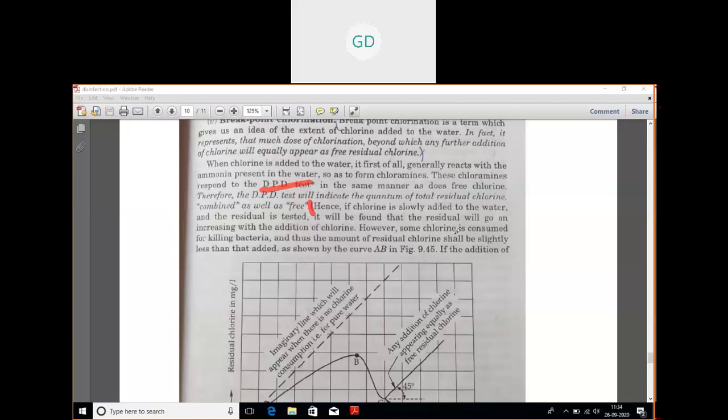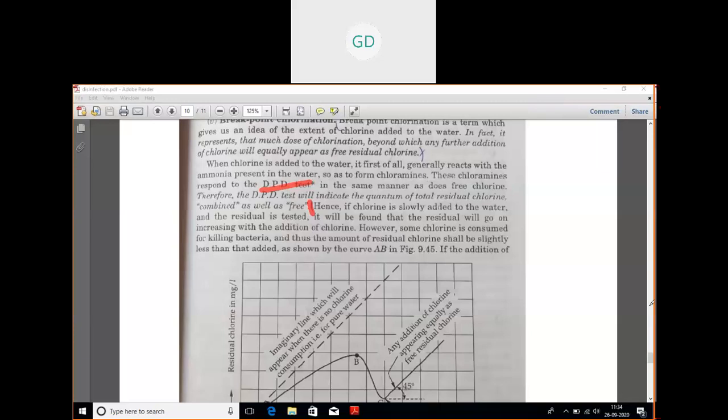So obviously, some chlorine will be consumed by the bacteria for their killing, and that amount of residual chlorine will appear slightly less.